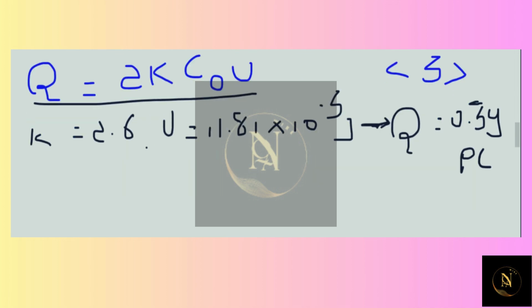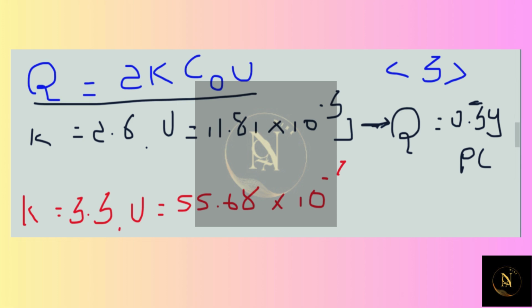Now for the polyester, K is equal to 3.3, U is equal to 55.68 into 10 to power minus 3 joule. So Q will be equivalent to 2.2 picocoulomb.